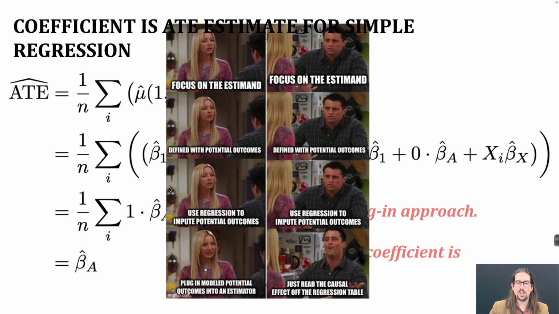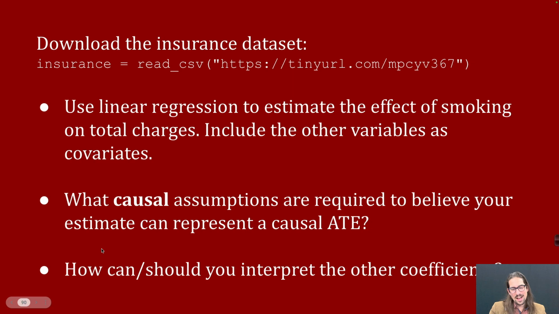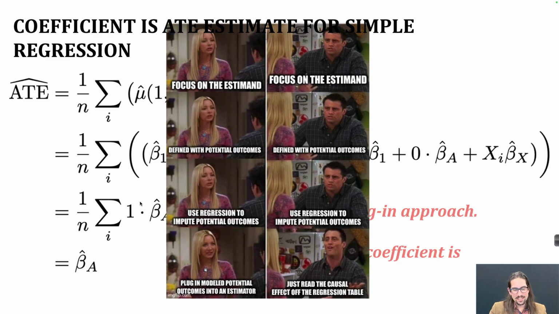You use regression, you impute the two potential outcomes, you take the mean of the differences of the potential outcomes, and then that's your ATE. That's the definition of the ATE. It all makes sense. It's from the plug-in philosophy. You just don't know the true regression, so you use this prediction model instead. All good, right? Oh no, yeah, just read the causal effect off the regression table. It's just this coefficient. But it's typically not the case.